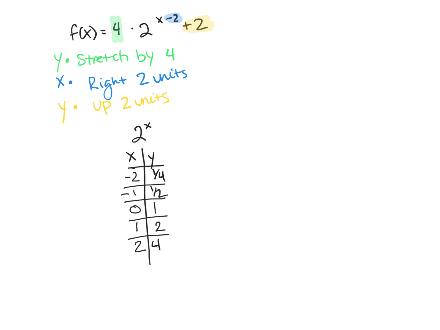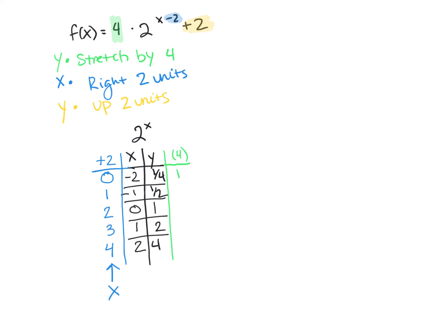And now we have to apply our transformations. The only thing that applies to the x values is moving right 2 units. So I'm going to add 2 to all of my x values, since we're moving to the right, and we'll get 0, 1, 2, 3, and 4. I'm done with those transformations, so those are all my new x values. Then for my y values, first thing I'm going to do is multiply everything by 4, since that's our stretch.